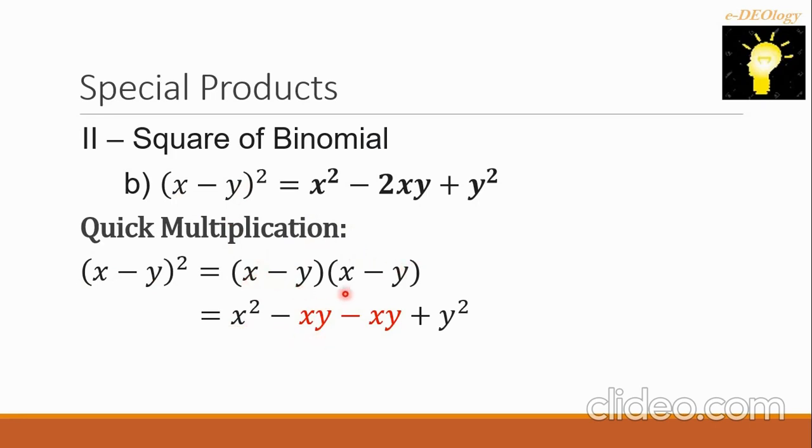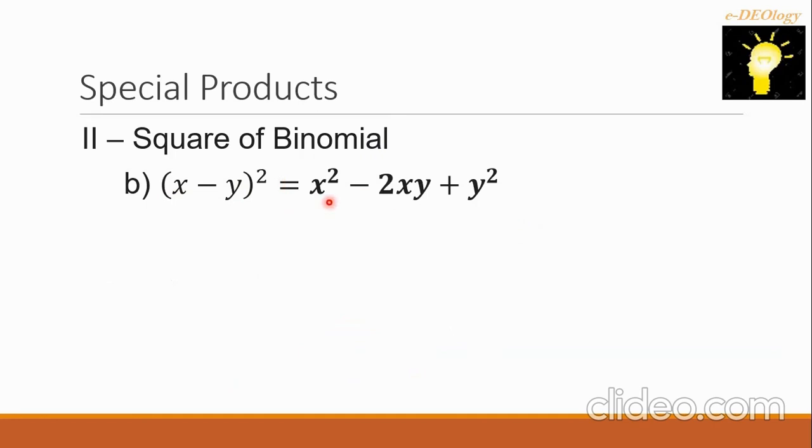Then the negative y times x can be written as negative xy also. Negative y times negative y is positive y squared. You see here the middle terms are like terms that we can add together. So we have x squared minus 2xy plus y squared. And that is the same product that we see on this formula on top.